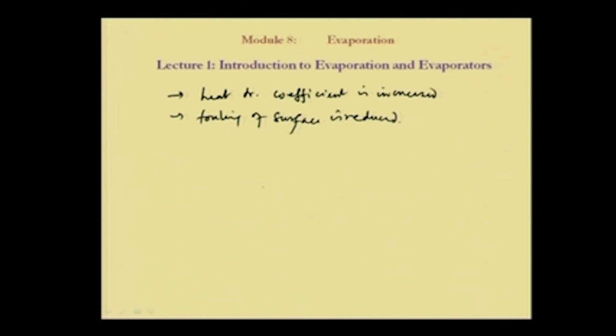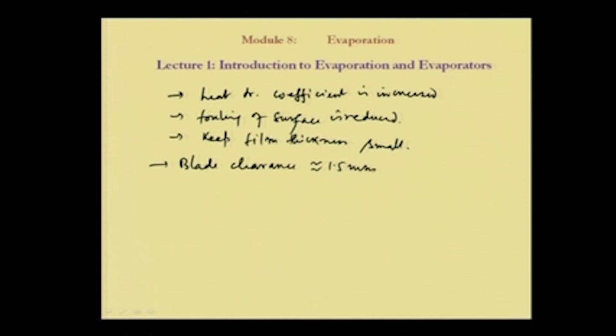In this case the heat transfer coefficient is increased, fouling of the surface is reduced, and the film thickness is kept small. The blade clearance is nearly equal to 1.5 millimeter, so based on that the film thickness will be maintained.